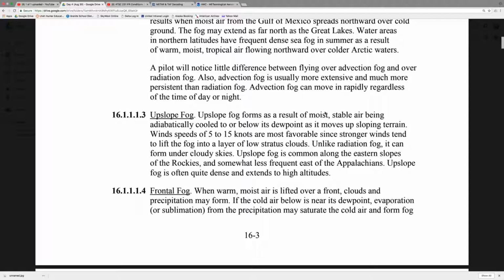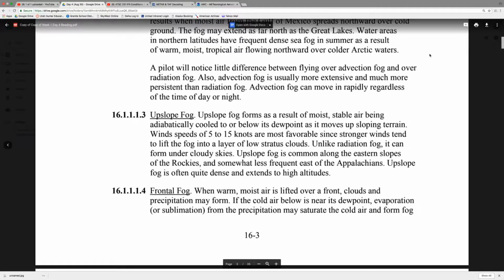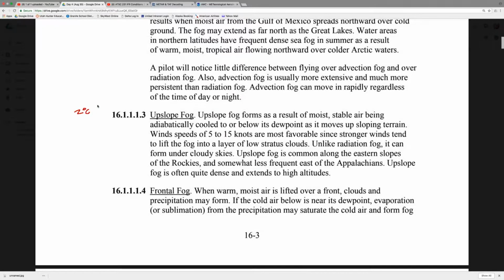What that means is that as it gains altitude, as the wind pushes it uphill, the temperature cools as we get higher, right? Remember, we talked about this. The standard is 2 degrees Celsius per 1,000 feet.